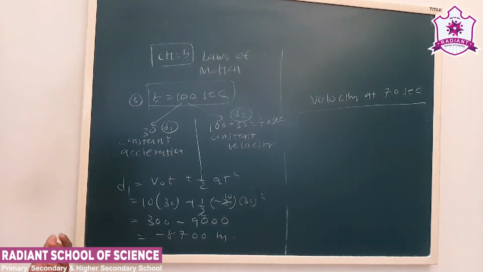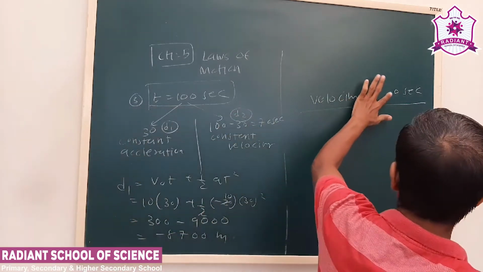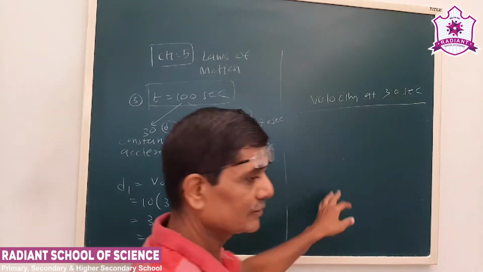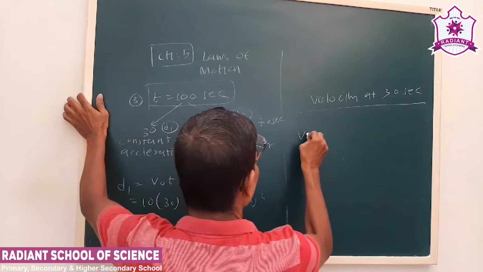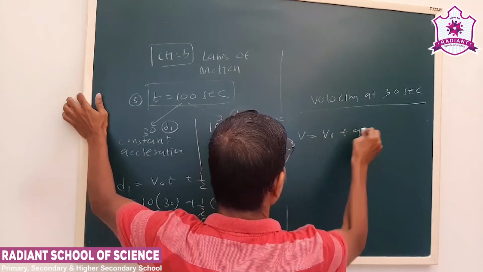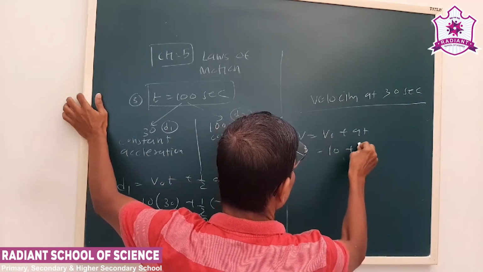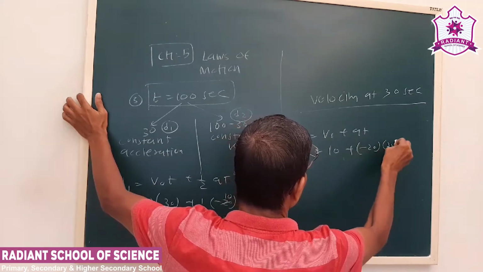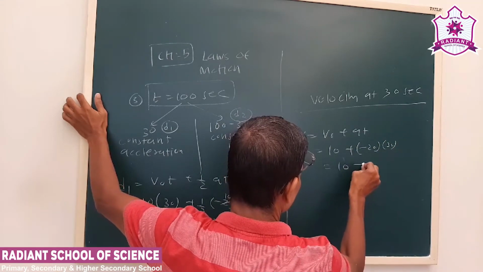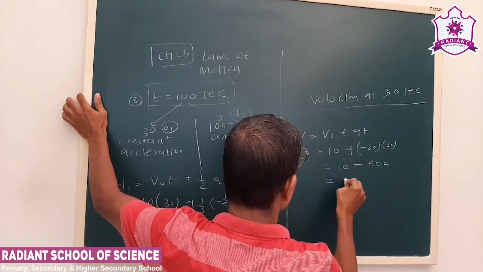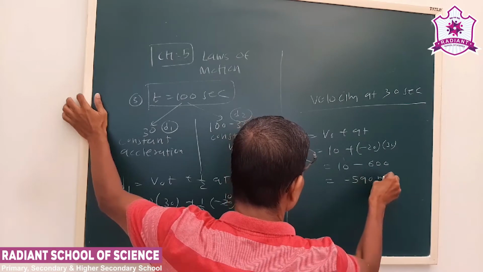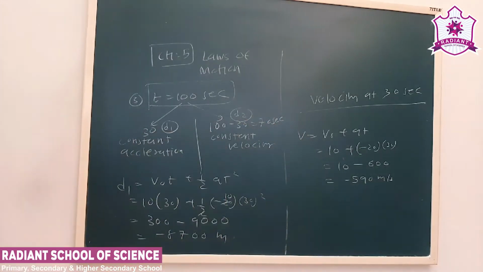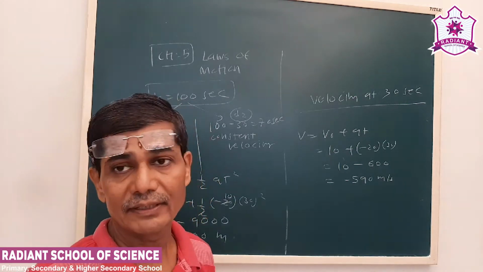Now for 30 seconds it travels with constant acceleration, so we have to find the velocity at the end of the first 30 seconds. Our equation: v is equal to v naught plus a t, v0 is 10, a is minus 20, time is 30. Okay, so velocity is minus 590 meter per second.